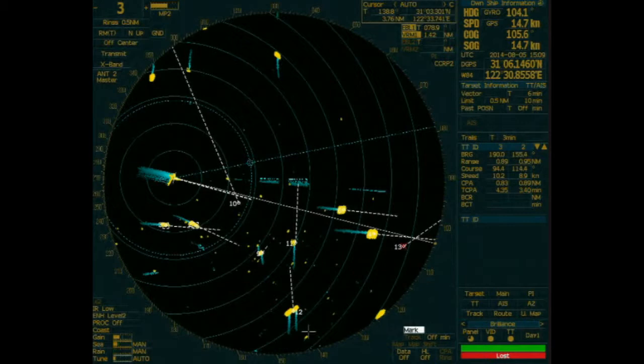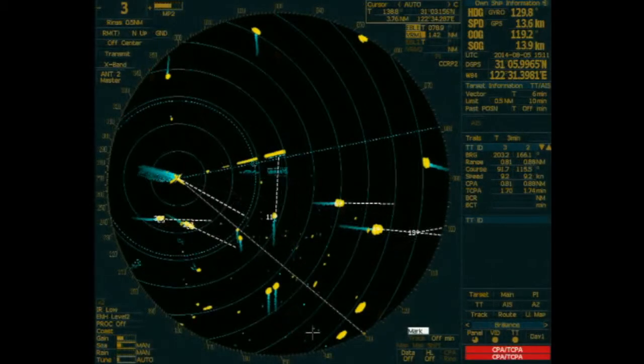So this is a deficiency the radar system manufacturer must overcome. It's not the lookout's responsibility, because at sea there is not only one target. We are distracted by many things.